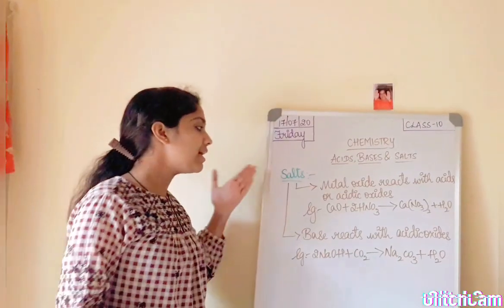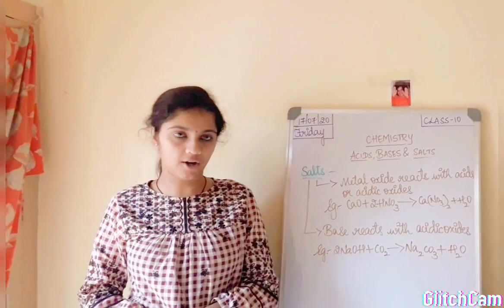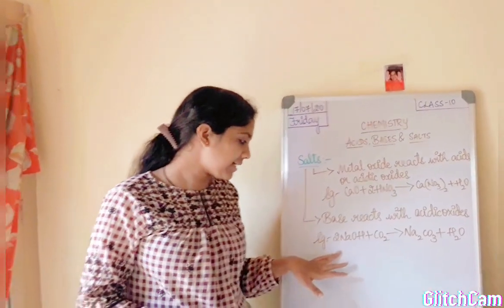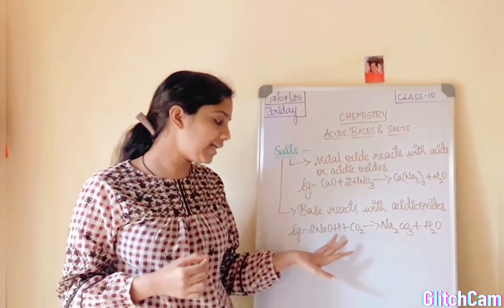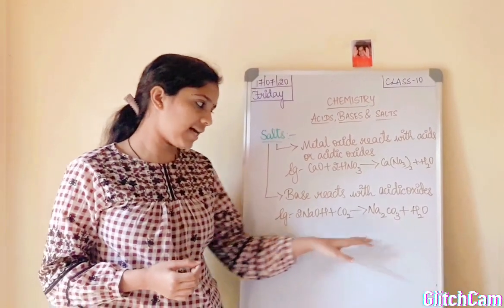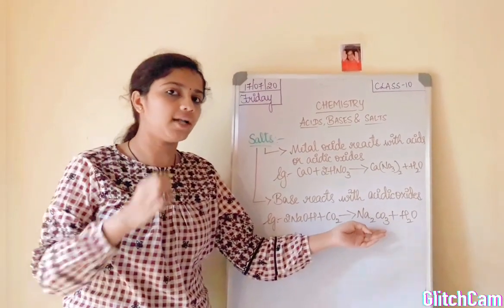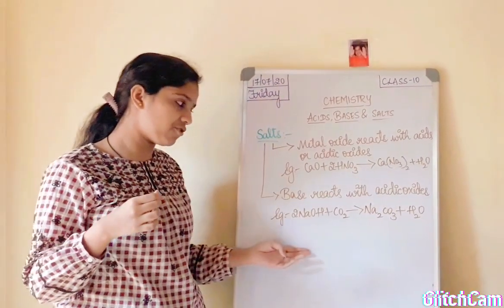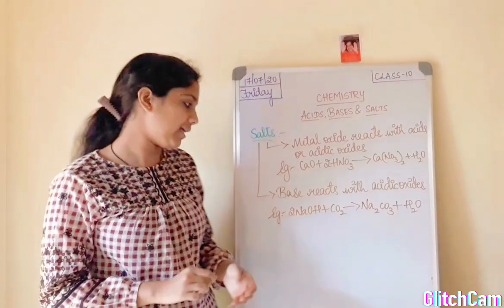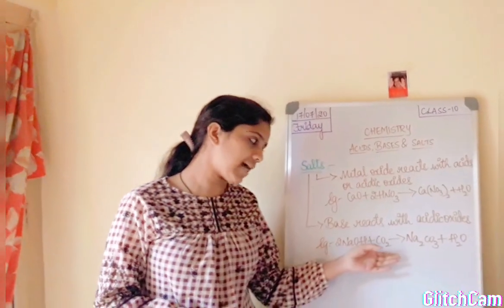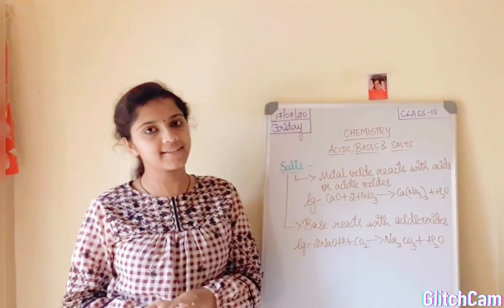Salts are also formed when a base reacts with acidic oxides. See this example, sodium hydroxide. When sodium hydroxide reacts with carbon dioxide, sodium carbonate is the salt produced in this displacement reaction, plus hydrogen in its liquid state.